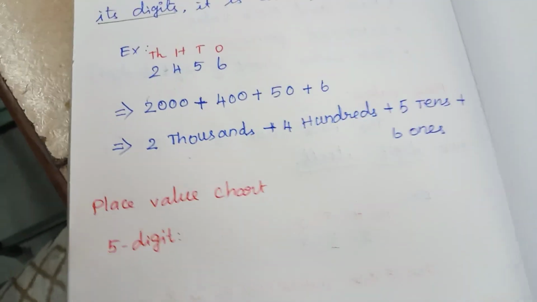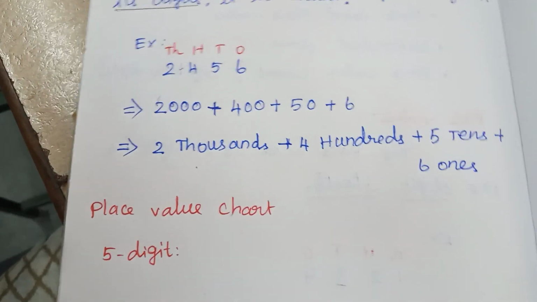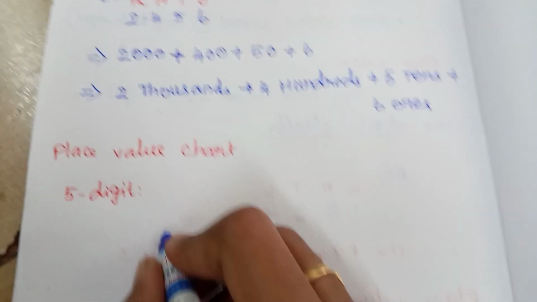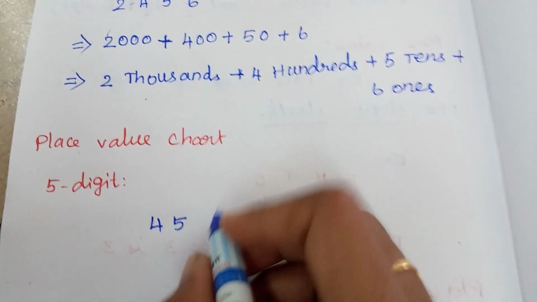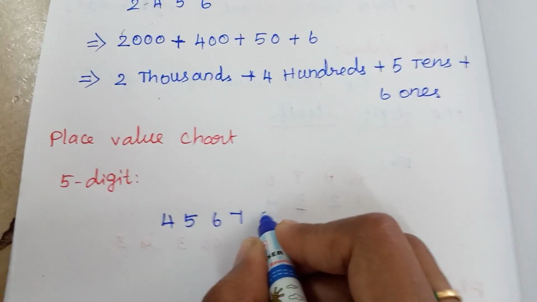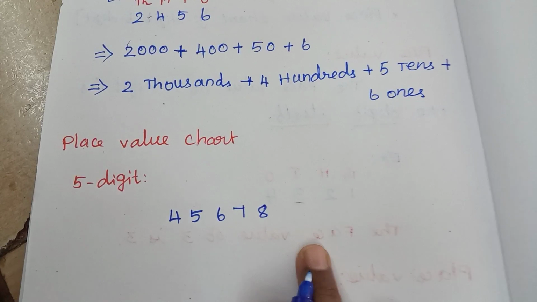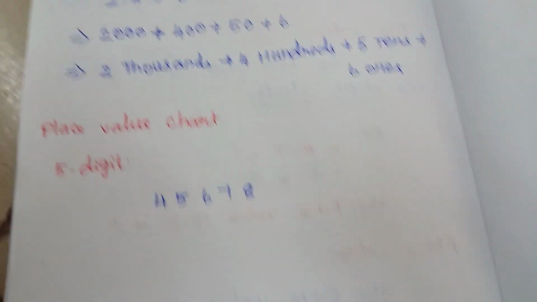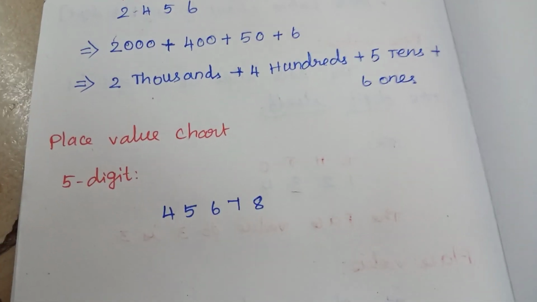Five digit. Okay, so here I want a 5-digit number: 4, 5, 6, 7, 8. Okay, this is the example for a 5-digit number. So in this 5-digit number we have to split it into two groups. Okay, that we will see now.